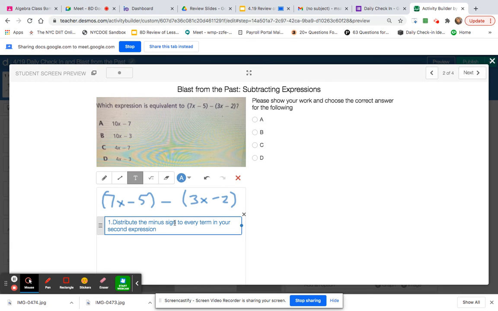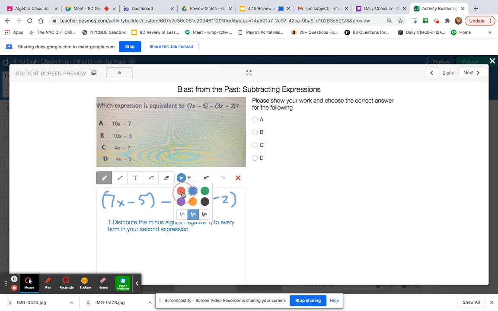Okay, so distribute the minus sign, or you could think of it as -1 to every term in your second expression. So keep in mind, guys, anytime you have this minus sign, this minus sign is the same thing as saying -1 times, in this case, 3x minus 2.